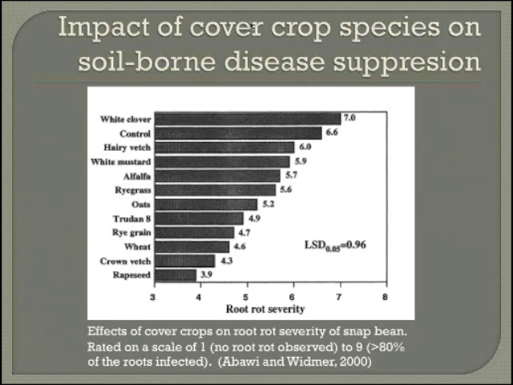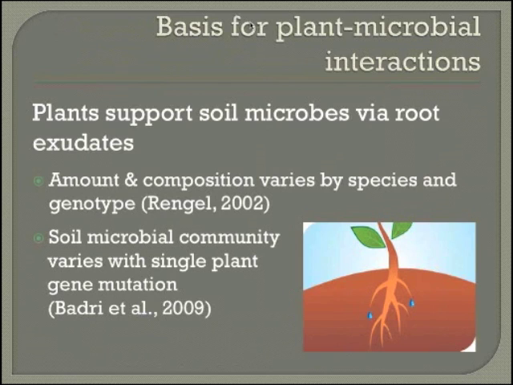So we know from the previous slide, there's a lot of differences in how you would support that community. So we're trying to correlate whether these plants are specifically targeting these specific microbial species versus that. But I think there's definitely benefit in bringing more organic matter into the system and helping suppress disease.